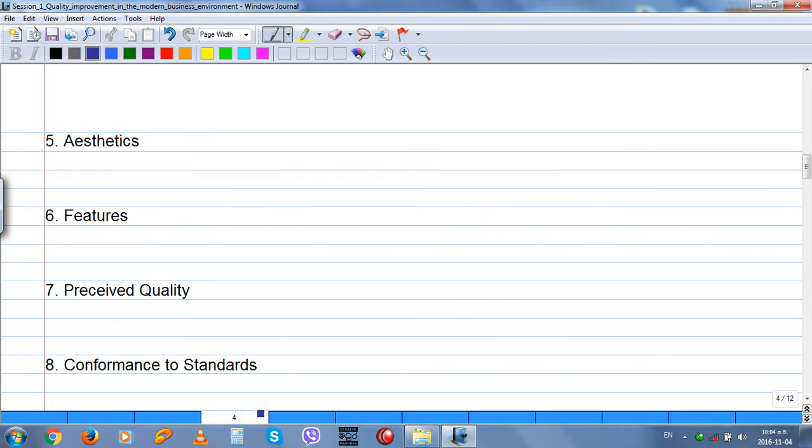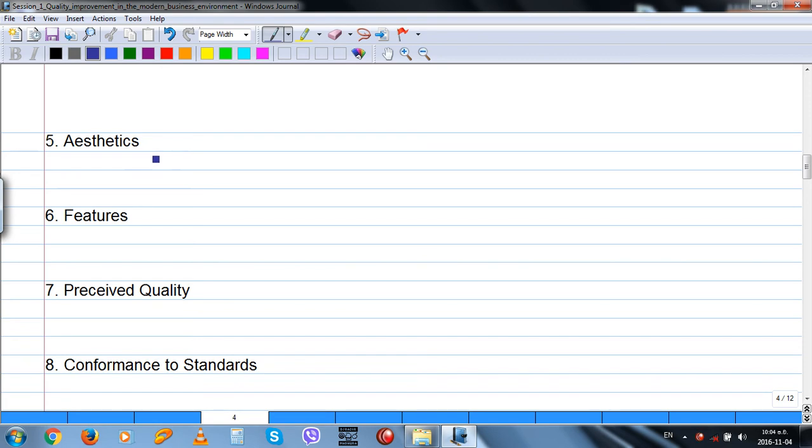And the fifth one is aesthetics. Aesthetics means when we are going to buy a product, first we think about the appearance rather than the performance.